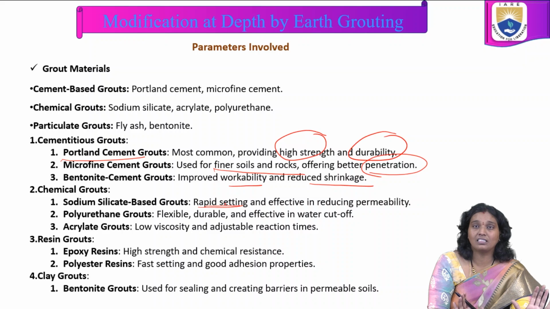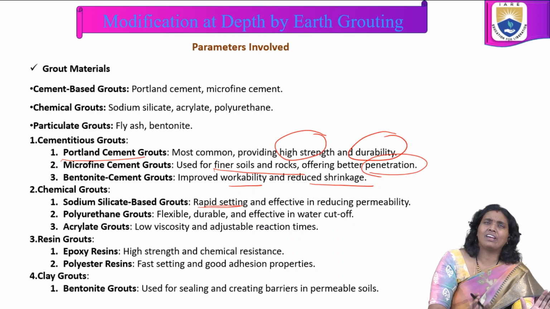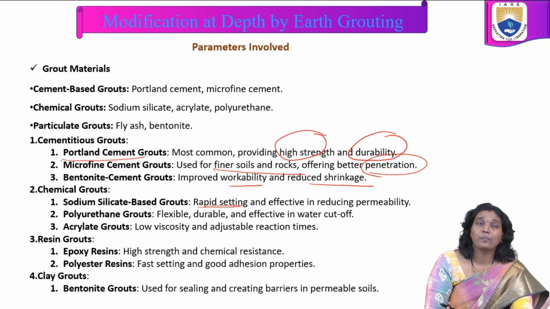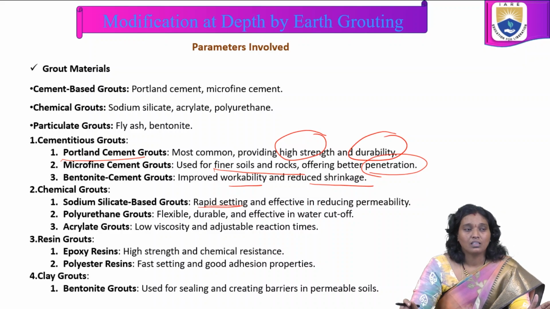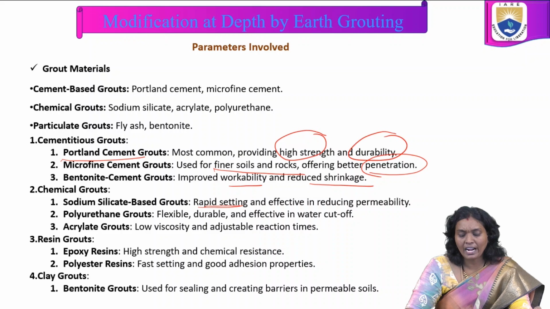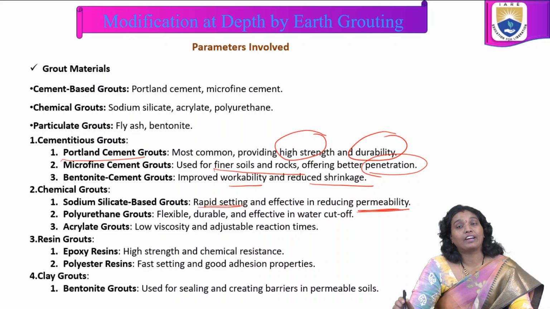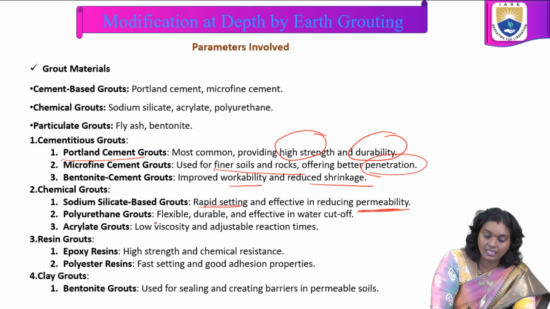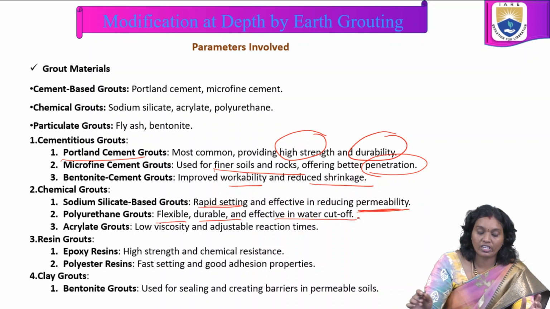Rapid setting is required in some conditions, since in some cases the setting time may affect the construction schedule. Where rapidity is required, we choose these chemical grouts. They are also effective in reducing permeability, flexible, durable and effective in water cutoff.